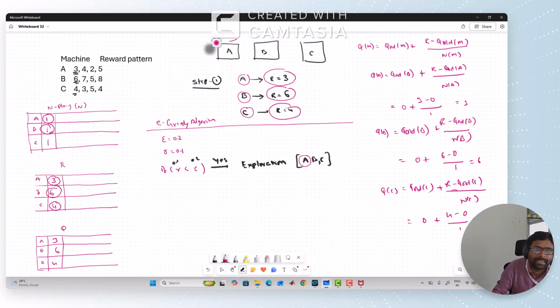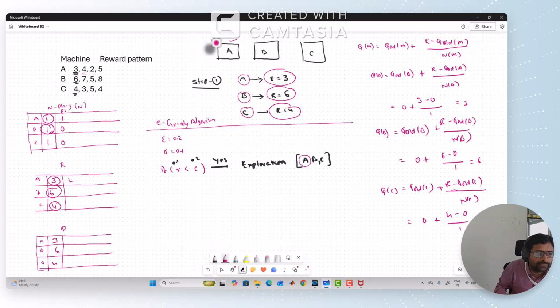Then what is the play number? That's equal to 1. So for the first time when the player wants to play, he chooses machine A, and B and C stay 0. When the user plays first, he chooses machine A, not B, not C. Then A is participated for the second time. When A is participated for the second time, what is the reward? 4.